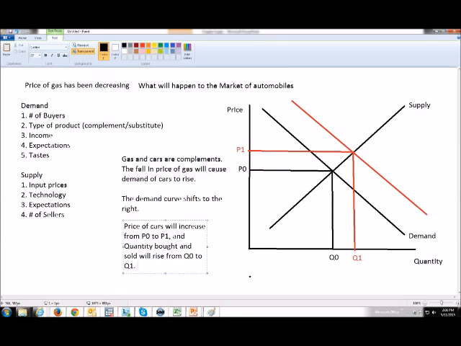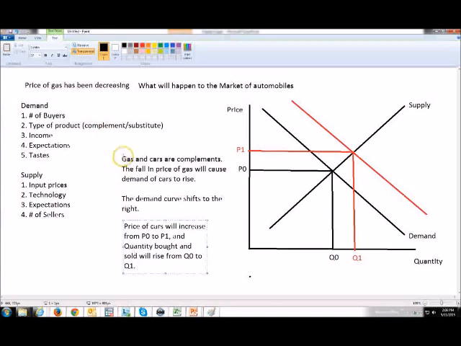So if the price of gas has been decreasing, what will happen to the market of automobiles? Well, we listed the factors affecting demand and the factors affecting supply. We figured out which of the factors is affecting the market of automobiles, and we decided that it's because the price of gas is decreasing and automobiles and gas are complements, so it's going to affect the market of automobiles because it is a complement to gas.